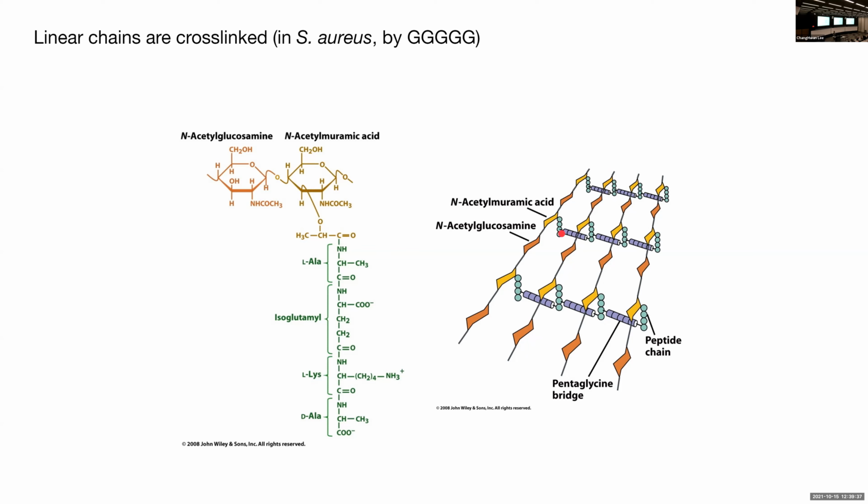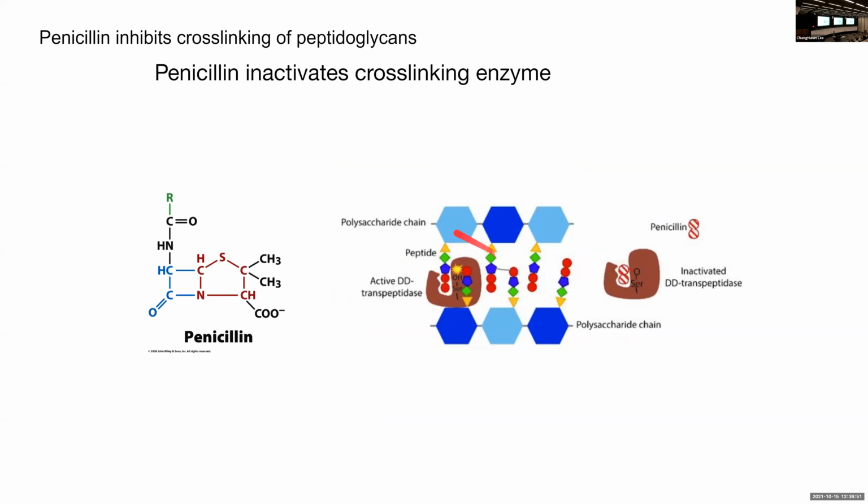And these two are connected by this pentaglycine bridge, which is simply literally GGGGG. So that connects these two to each other. And this connection is really important. Again, it makes the cross-link of the different chains of peptidoglycans to make this bacterial cell wall really rigid, right?